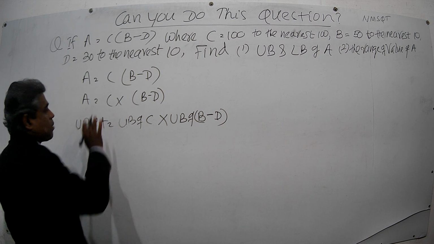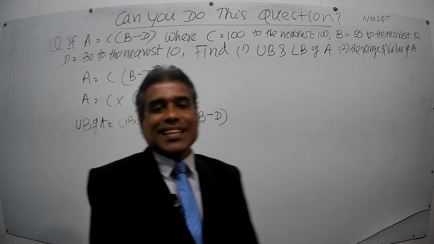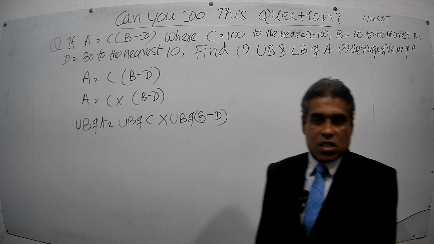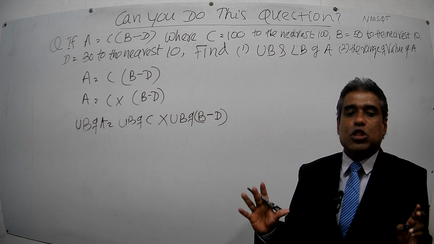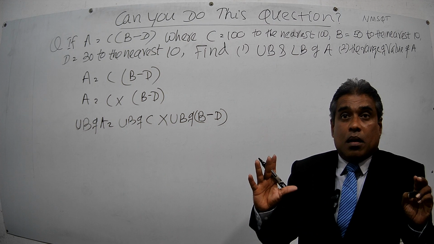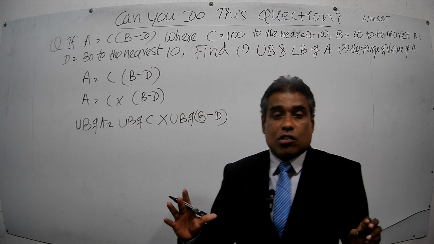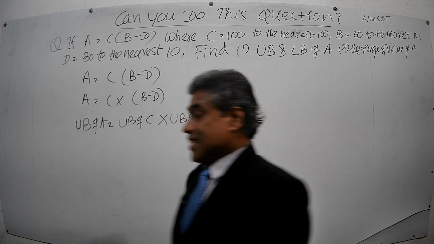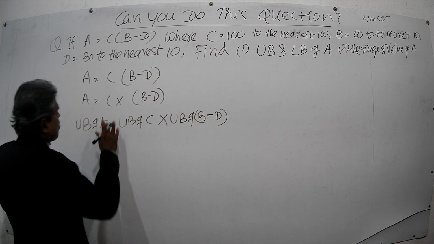Then the lower bound of a product. We know the formula for the lower bound of a product. The lower bound of a product equals the product of the lower bounds of the numbers multiplied. Therefore, now here, this is the product.